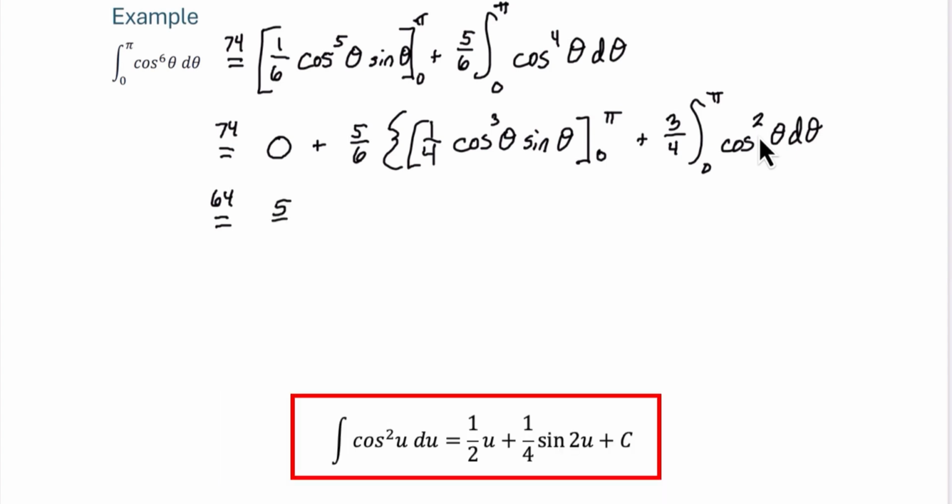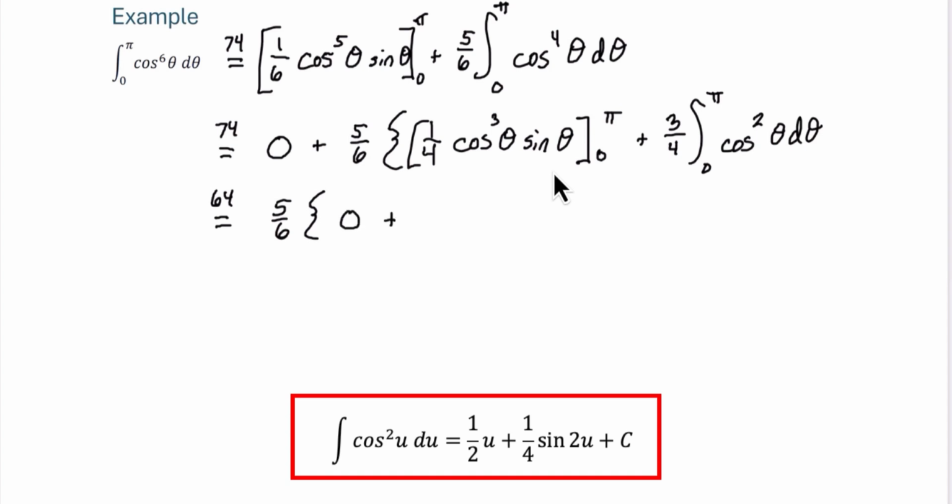Bring down the 5/6. Again, we can evaluate inside the brackets. Sine of pi is 0, so that goes to 0. And then if we want to subtract the lower limit, plug in 0, and again we get 0. So that's, again, quite helpful.